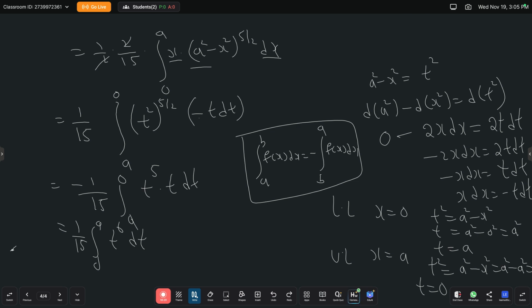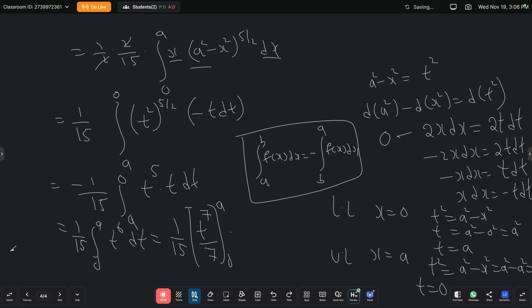Again it is in the form of the integral of x power n. The integral of x power n is x to the power n plus 1 by n plus 1. So this is equal to 1 by 15 into the integral of t power 6, which is t power 7 by 7, between the limits 0 to a.